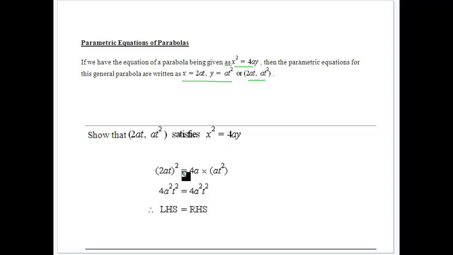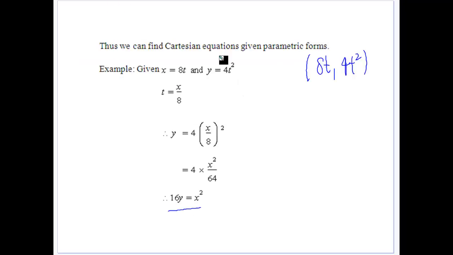Well, if we substitute them in, we can see that our left-hand side would equal our right-hand side. So that's the general form of a parametric equation that satisfies the parabola. It just happened that those two points just happen to satisfy that one nicely for us. So that's what we take as our parametric equations for that general parabola.